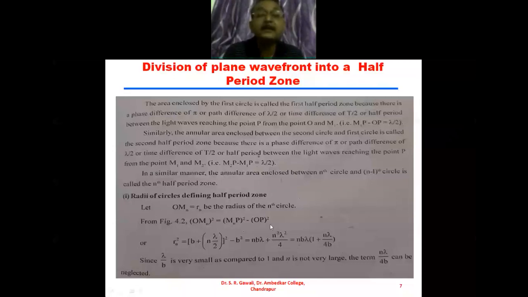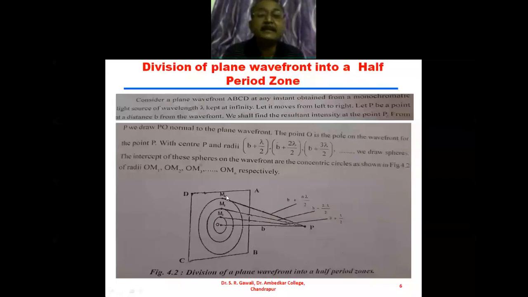We have to obtain this distance, so we will obtain it by using the Pythagoras theorem. This is MnP. MnP is equal to MnO plus OP. OK, we have to obtain this distance.